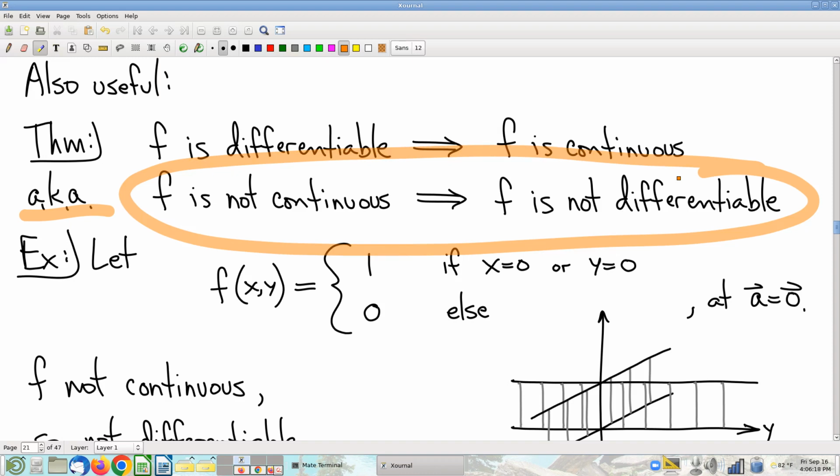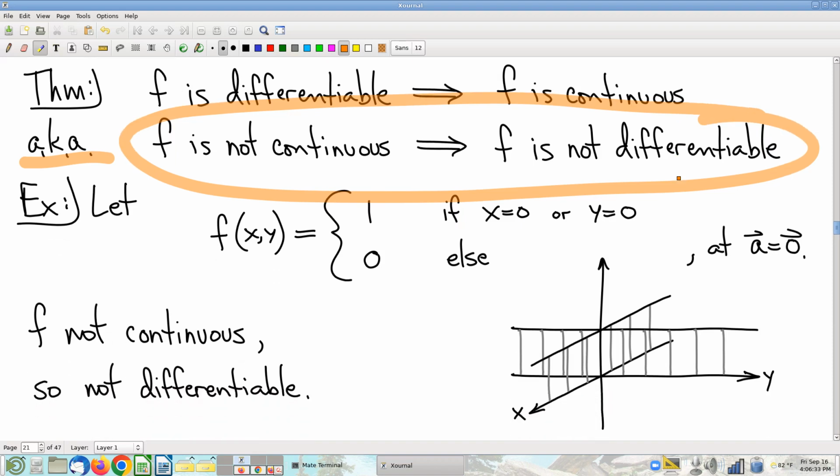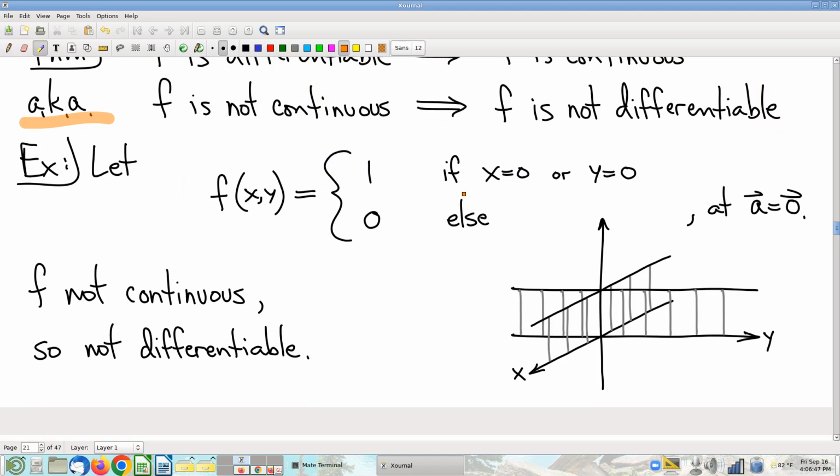Case in point being this. And I think if you think about it, it really makes sense. Contrapositives are morally equivalent statements to the original. So this is the version that we're actually going to use most of the time. So we have an easily observed condition that will allow us to conclude something about the possibility of differentiability. And so, for example, let's look at this example that we had previously.